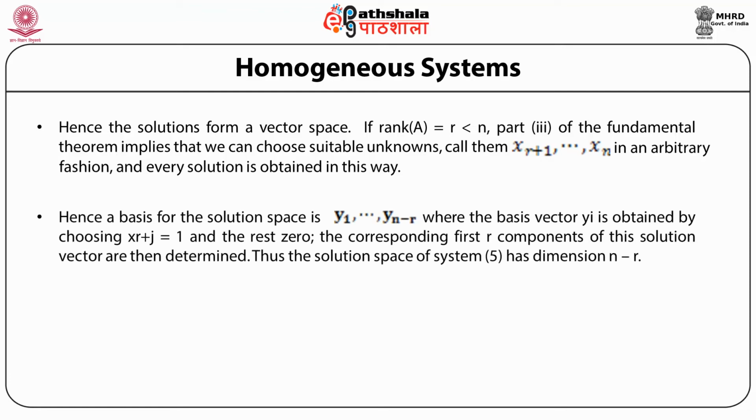Hence, a basis for the solution space is y1, y2 and so on till yn minus r, where the basis vector yi is obtained by choosing xr plus i is equal to 1 and the rest 0. The corresponding first r components of this solution vector are then determined. Thus, the solution space of the system specified in equation 5 has dimension n minus r. Hence, the theorem is proved.